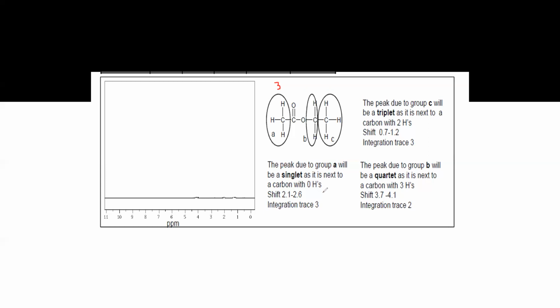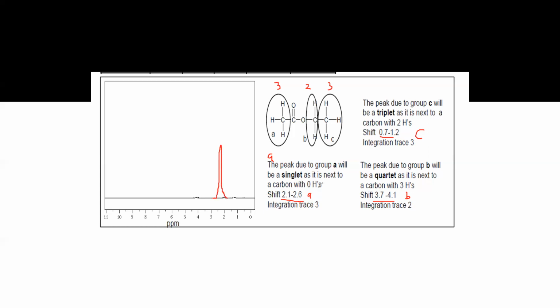This one is A, at this chemical shift. This one is B, and this one is C. So 3, 2, and 3. For A, we will get from 2.1 to 2.6.